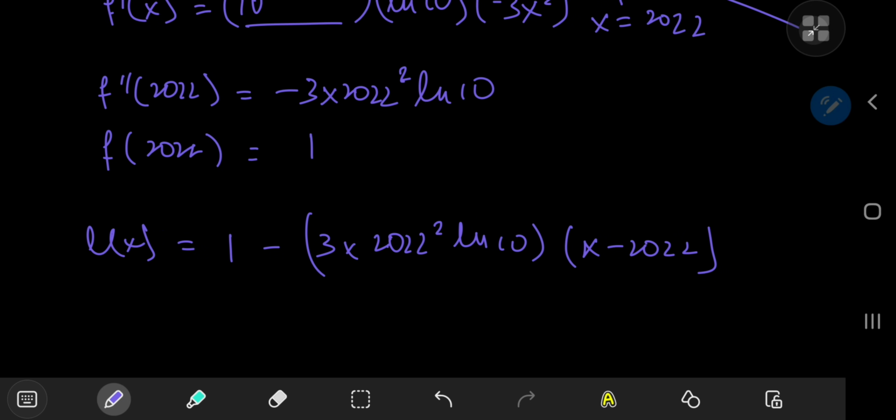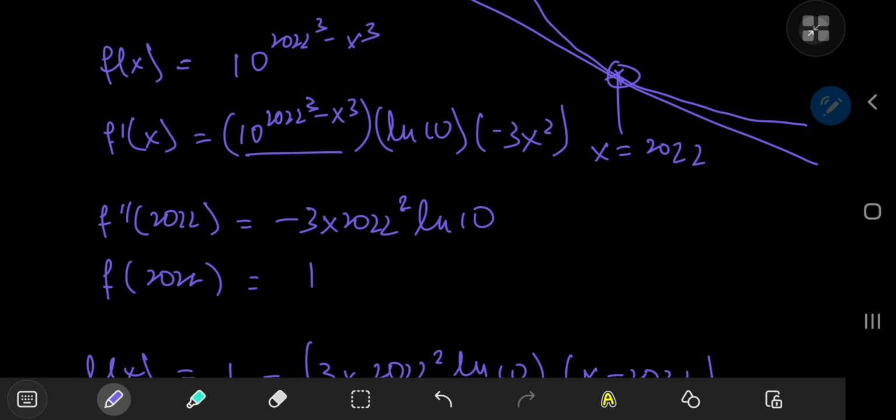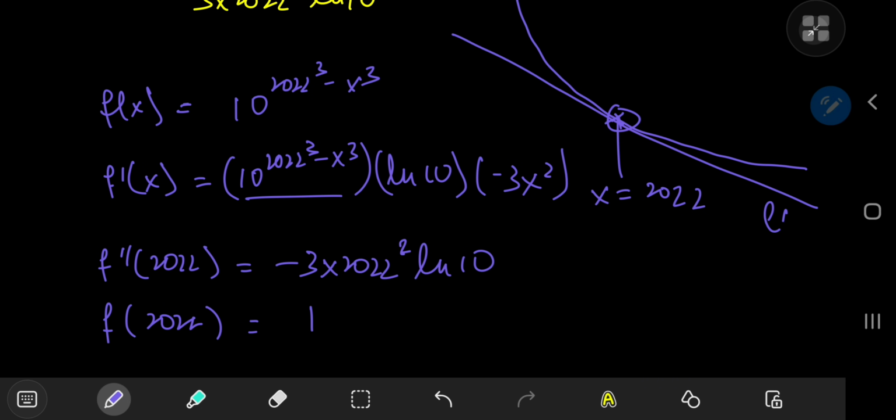And notice that the linearization is a straight line of negative slope, right? So that means at some point it could cross the x-axis and become negative. But the integral of our function f of x from 2022 to infinity is positive. So we're not interested in the part of the linearization that is negative.